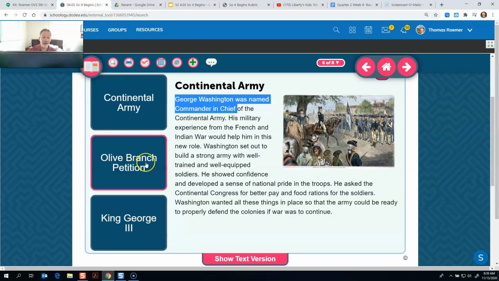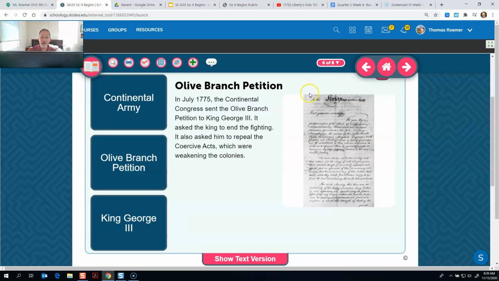Then you've got another perspective, the Olive Branch Petition, and you can see right here it's a primary source. It's a letter to the king. They sent it to King George III, and they said, please, kind of forgive us maybe. Let's stop the fighting and let's just go back to normal. Well, that's their perspective.